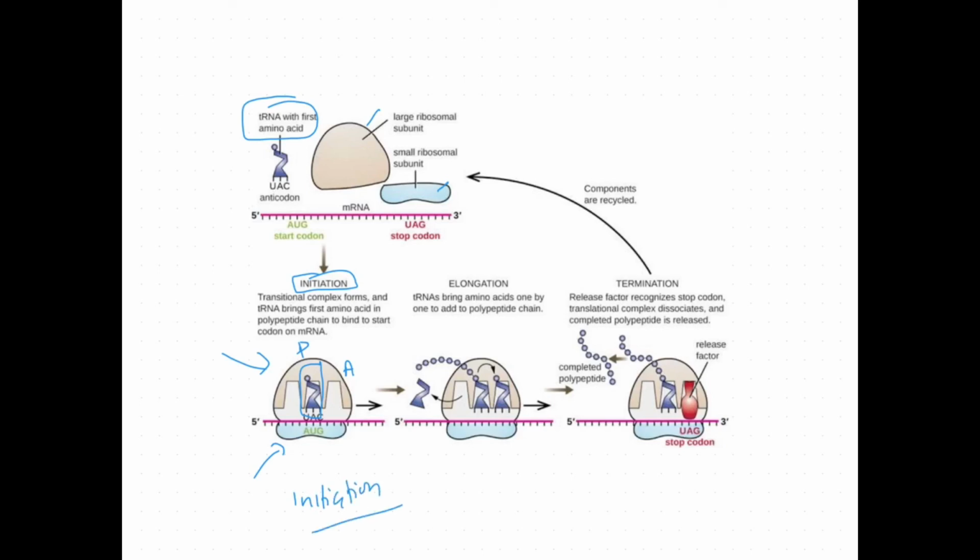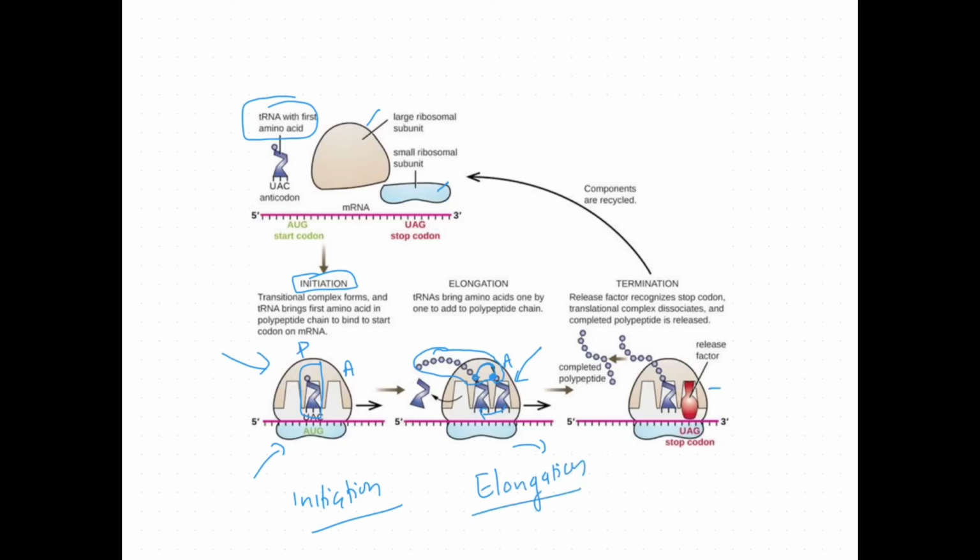In the process of elongation, a new tRNA is added to the A site, a bond forms between the amino acids on the tRNAs, and the entire chain is shifted to the new tRNA. The ribosome moves further, and the A site is empty again. This continues, again requiring various elongation factors.